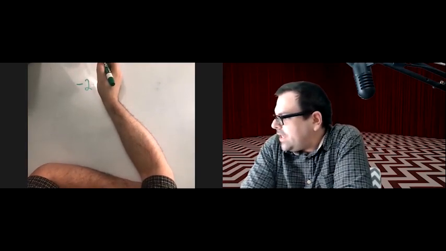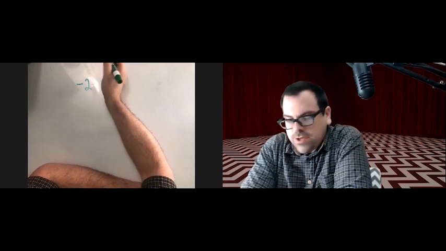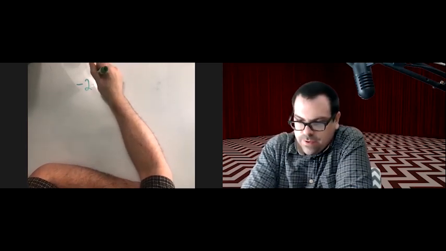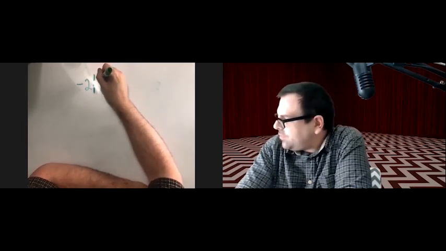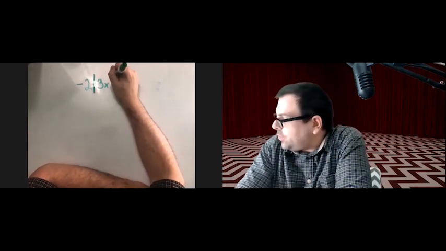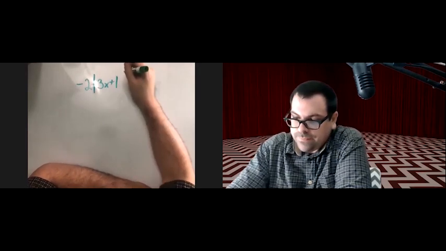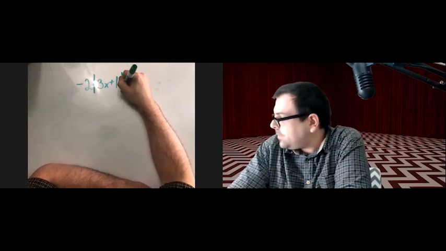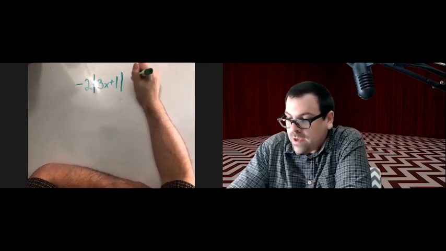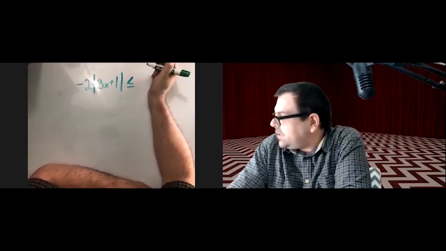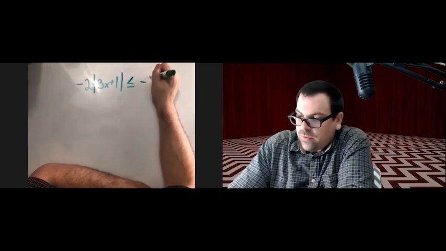Let's take a look at negative 2 times the absolute value of 3x plus 1 is less than or equal to negative 4.